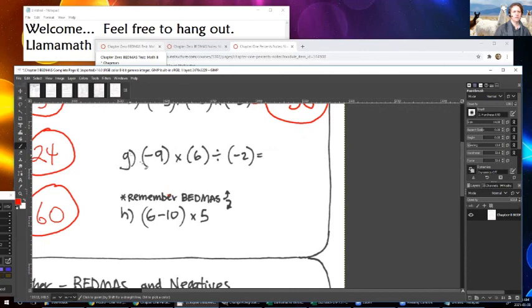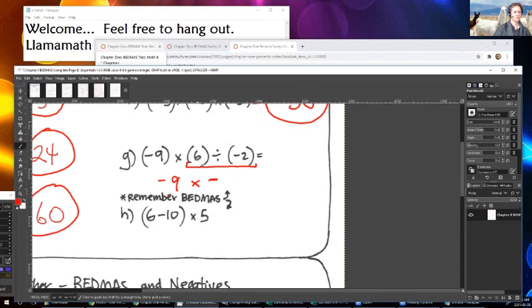With this one, we have to think about BEDMAS first. It doesn't actually make a difference in this question, but most of the time, you have to think about BEDMAS all the time. So I'm going to do this one first because it's the division. Let's do division first. So this could be -9 times, and then 6 divided by -2 is 1 negative, so the answer would be negative.